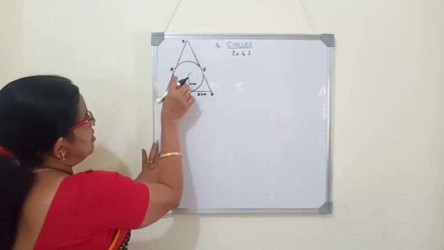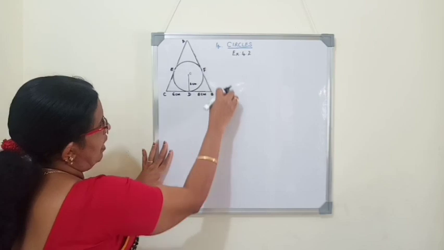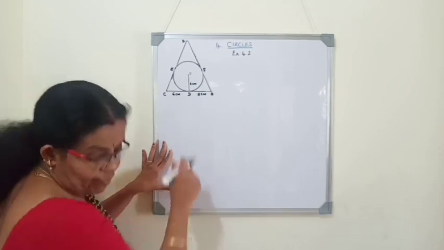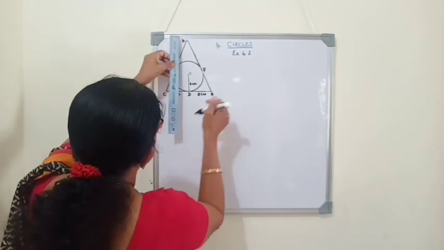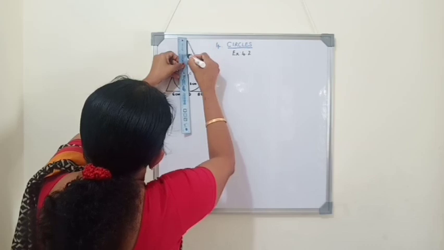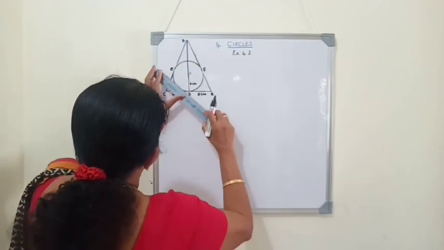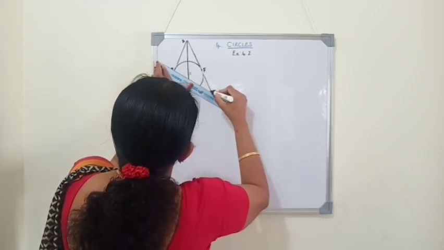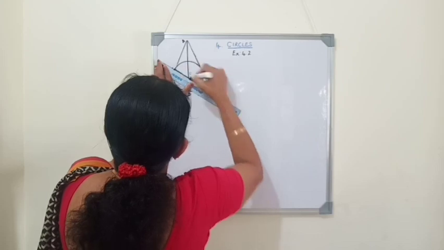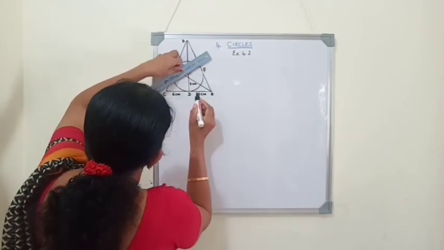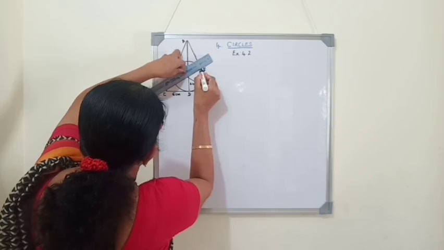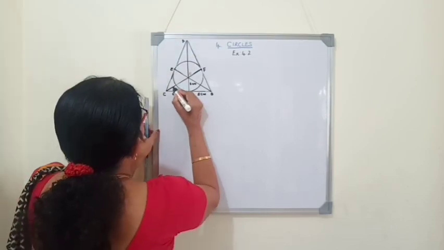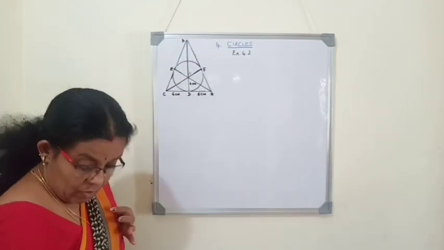That is, E is the point on the side AC and F is on the side AB. Now join AD, BE and CF.